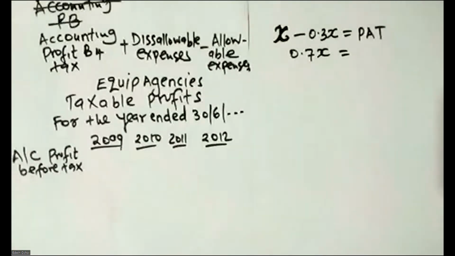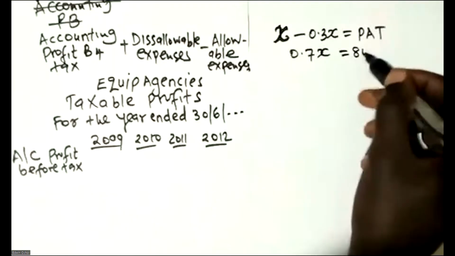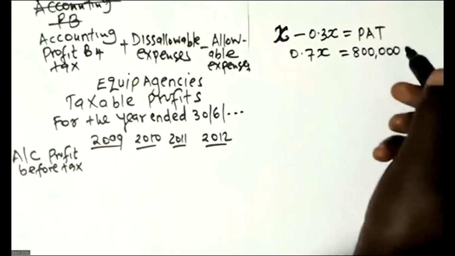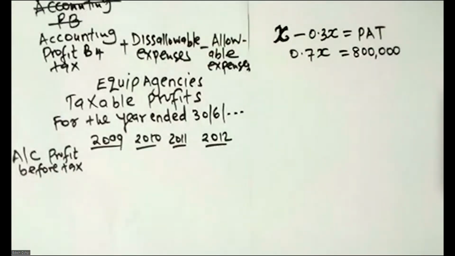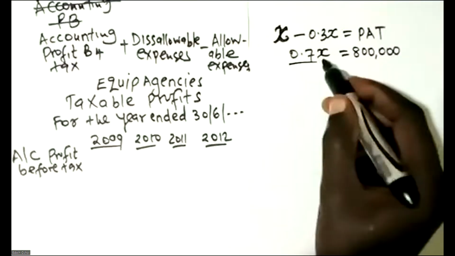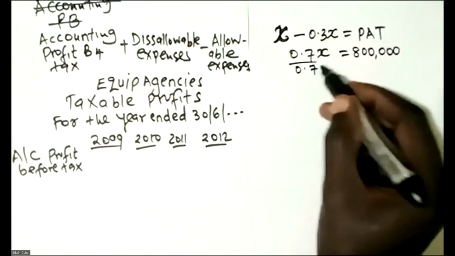Like now, our first answer was 800,000, the one which is after tax. So we can look for X, which is before tax, at 100%.